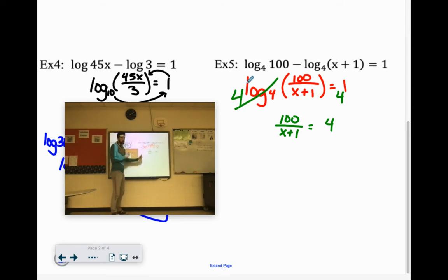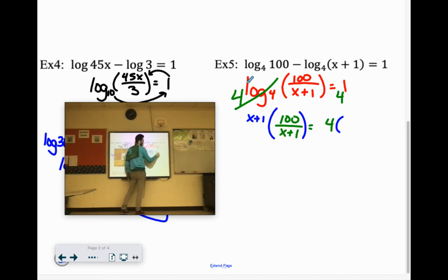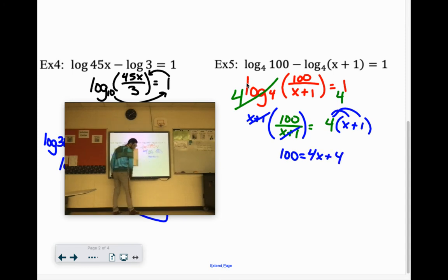We're going to get rid of the x plus 1 by multiplying both sides by x plus 1, which is going to turn into a distribution problem. This side just cancels, so we have 100 equals 4x plus 4. We'll subtract our 4: 96 equals 4x. And then when you divide by 4, you end up with 24 for x.